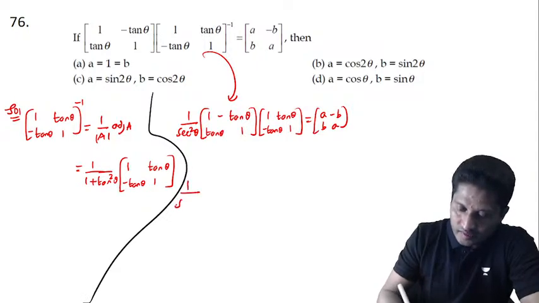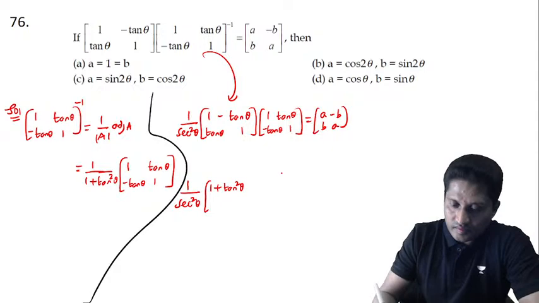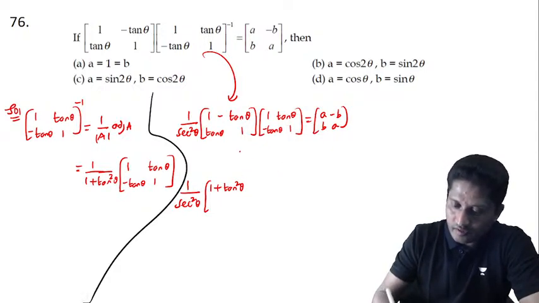this will be equal to 1 by sec square. Okay, first row first column, this is equal to 1 plus tan square. First row second column, tan minus tan is 0.